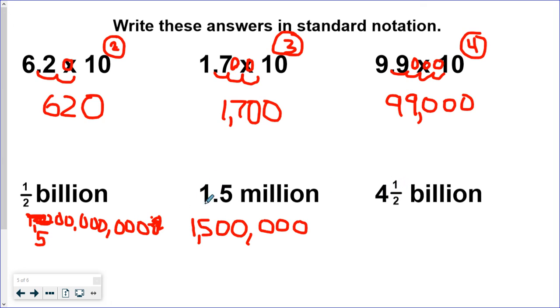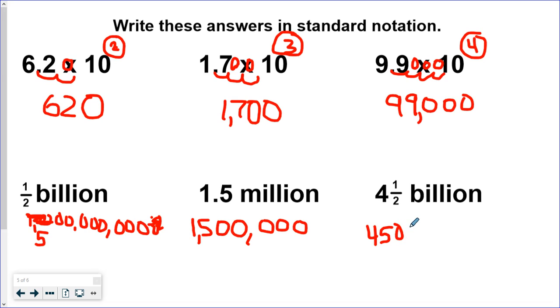I have 4.5 billion. It's going to look very similar to this one over here. The 4 and the half will be right next to each other. So I already know that 500 million is 500 million from this over here. So if I'm writing 4.5 billion, I need to have a 4 in the billions place, and now I'm just going to write 500 million behind it.